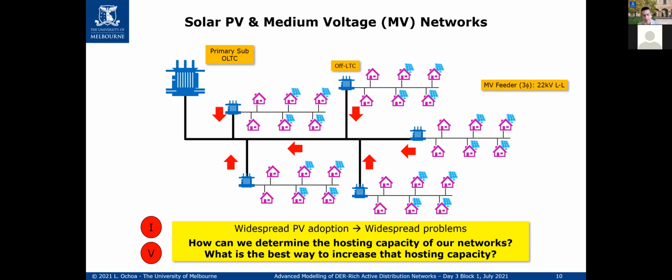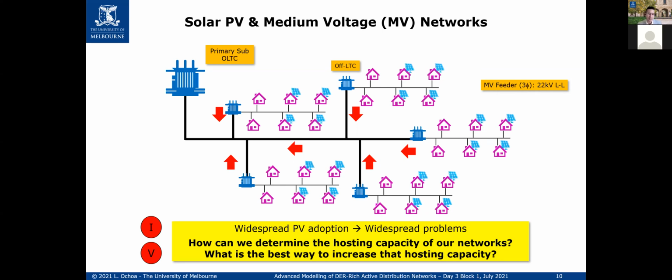Now, in reality, you still have commercial customers and industrial customers, and they are going to take that electricity that is being generated. But still, it can reach a point where you actually have reverse power flows that go up to the sub-transmission part, right? And this is happening. This is not anything crazy. This is already happening in different parts of the world, right?